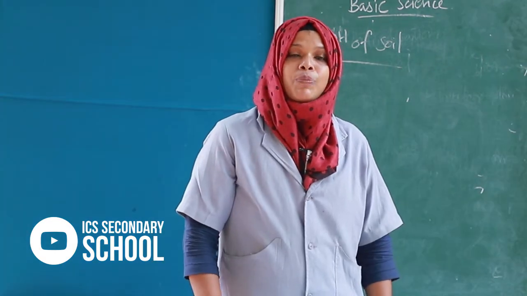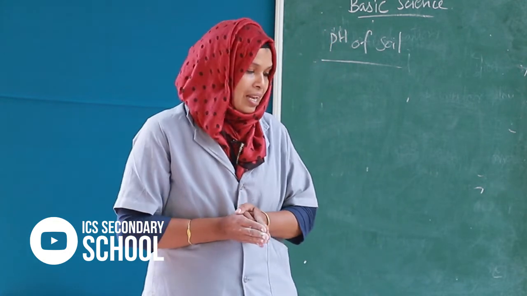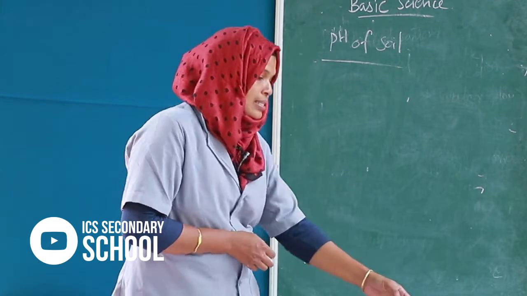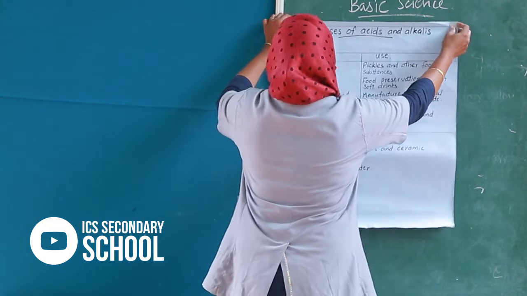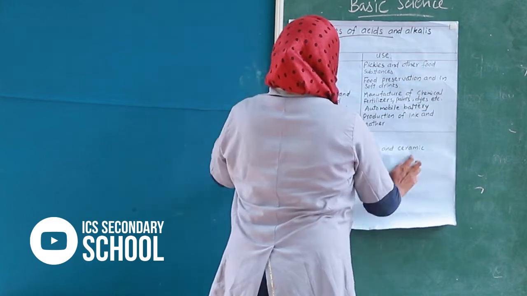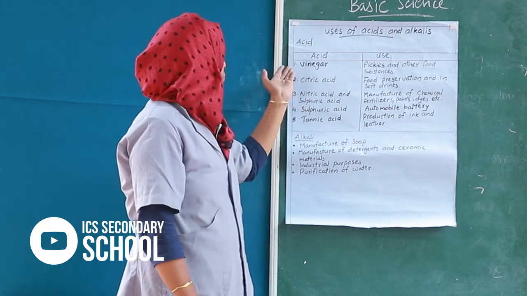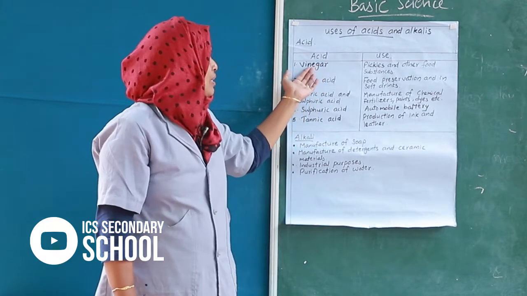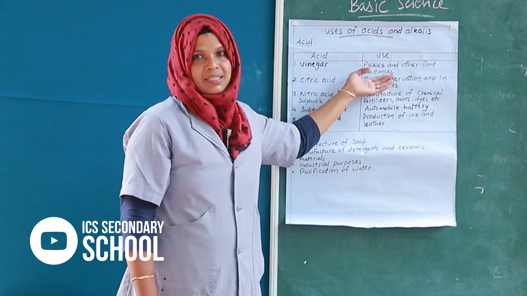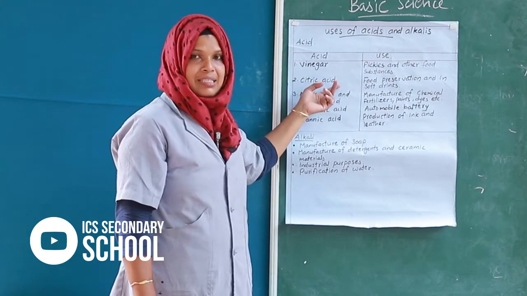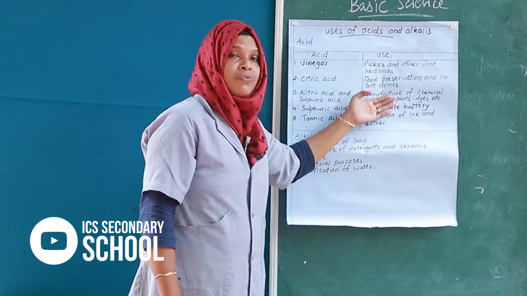Next, the topic is uses of acids and alkalis. First, uses of acid. Vinegar is used in pickles and other food substances. Citric acid is used in food preservation and in soft drinks.